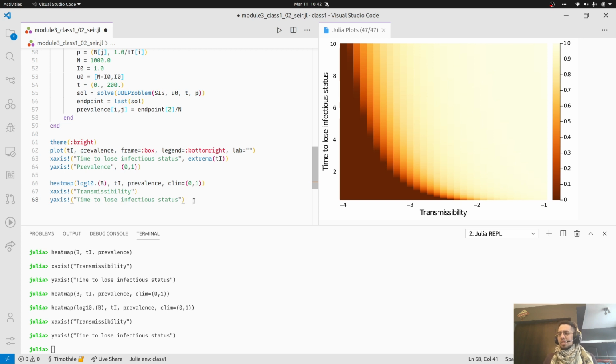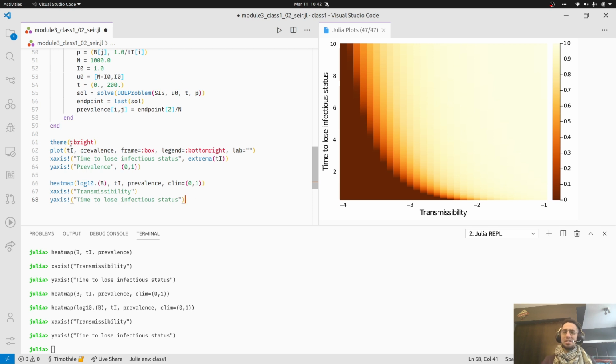This is the result of our model, right? Everything towards a brownish color is where the disease is not able to persist in this population. Everything that goes toward white is where everyone is infected by the end of the process.